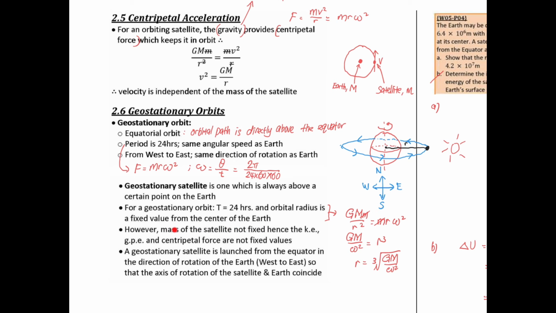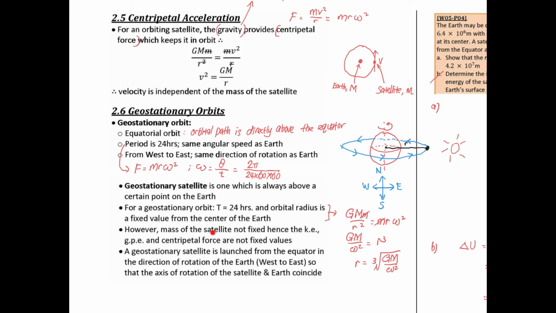So imagine that the satellites have human beings inside, for example, and the satellites have some fuel. They use up fuel, and then the satellite becomes lighter. So that's why the mass of the satellite is not fixed. That is one scenario. It has fuel inside there.